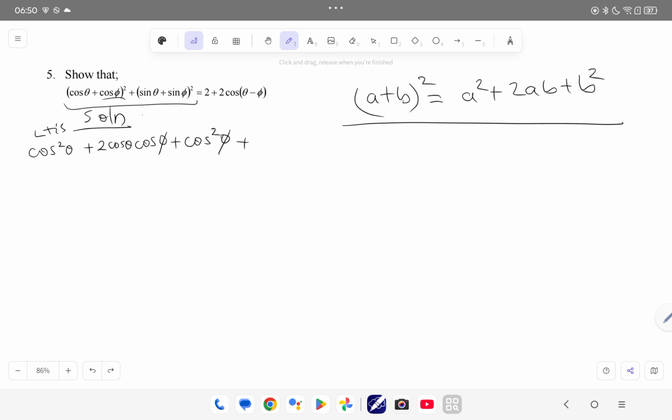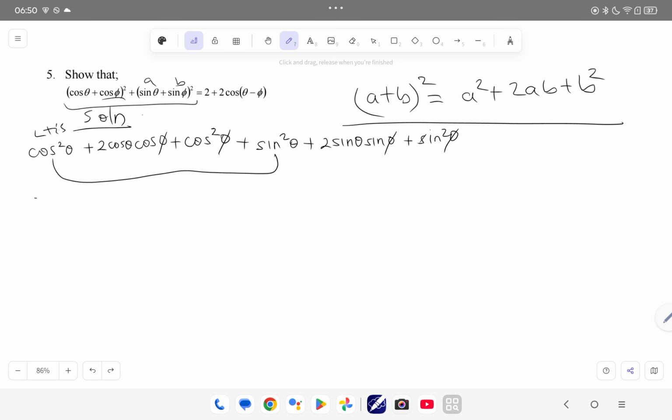Now squaring this. Now plus the same thing applies here. That is my a, that is my b. It will be sine squared theta plus 2 sin theta sin phi plus sine squared phi. Some things are similar.